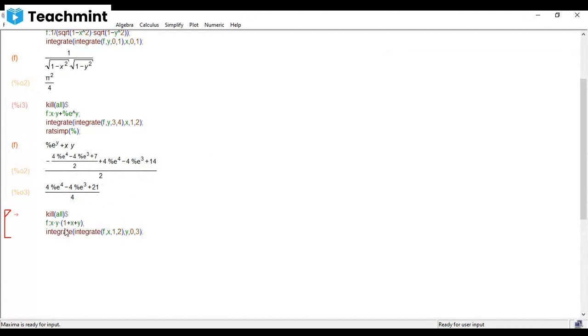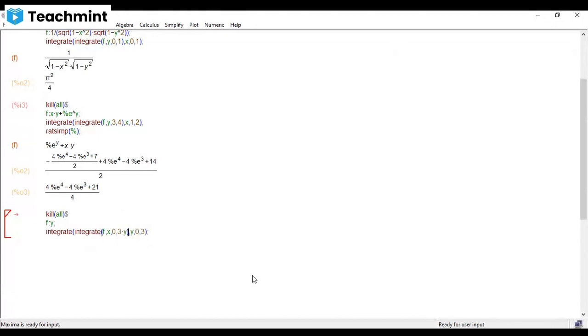What was it? Your function is y alone, so I'll give y. Integrate f with respect to, first you are integrating with respect to x, and the limit is from 0 to 3y.